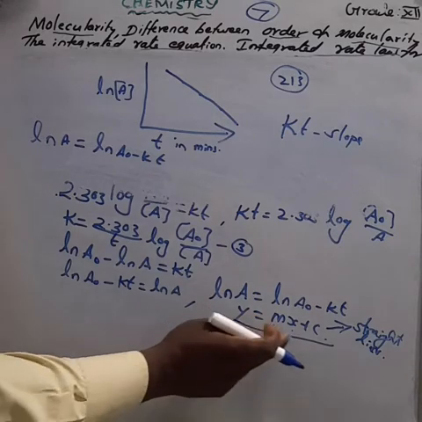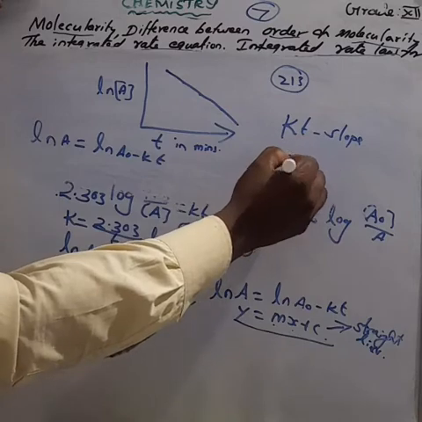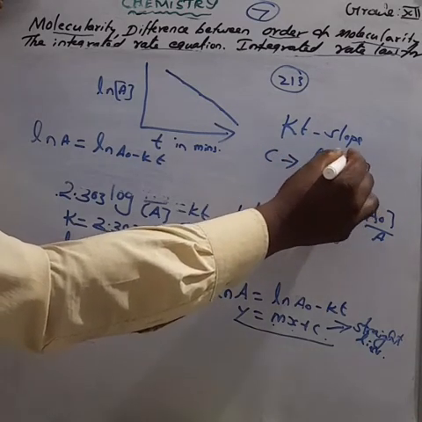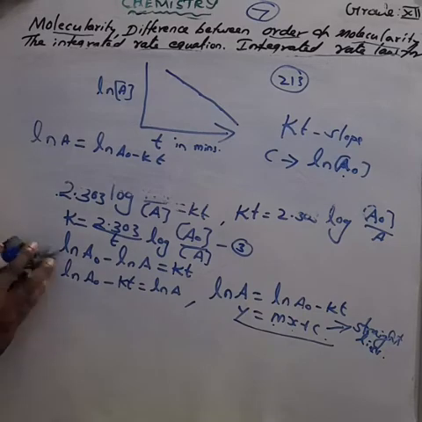And what about the c? It is the initial concentration, that is ln A naught. Here, the concentration of A at a particular time, by using the graph we can calculate the concentration of A.